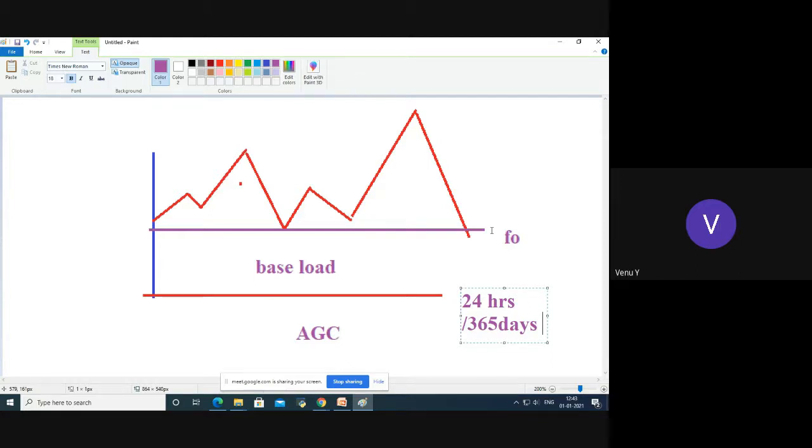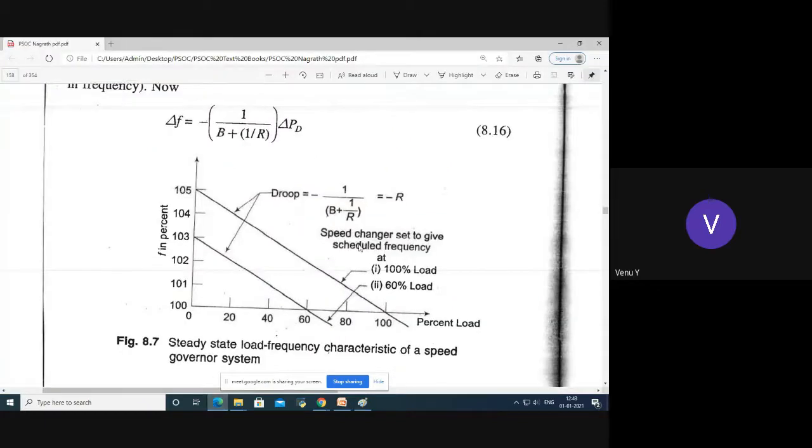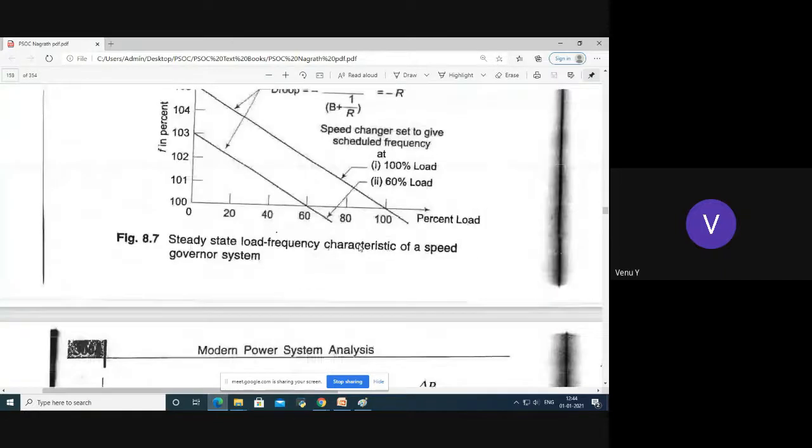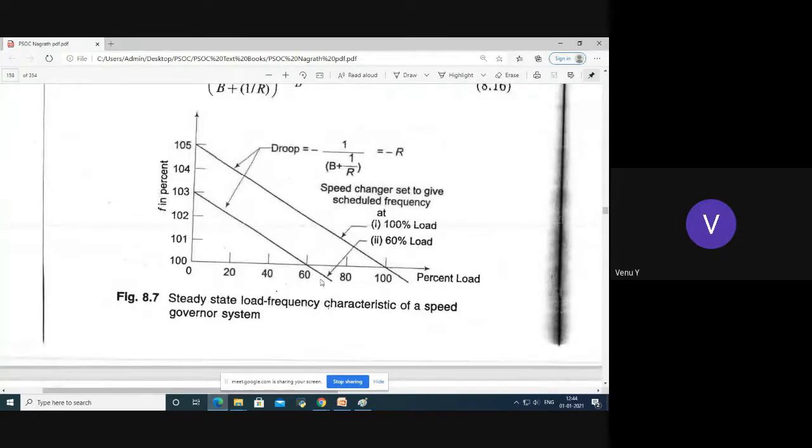Are you following? Any deviation in the speed leads to a decrease in the frequency. I have already shown the slide just now in Paint. It is falling down, isn't it? So this is the steady state response, by adjusting the load frequency characteristic.